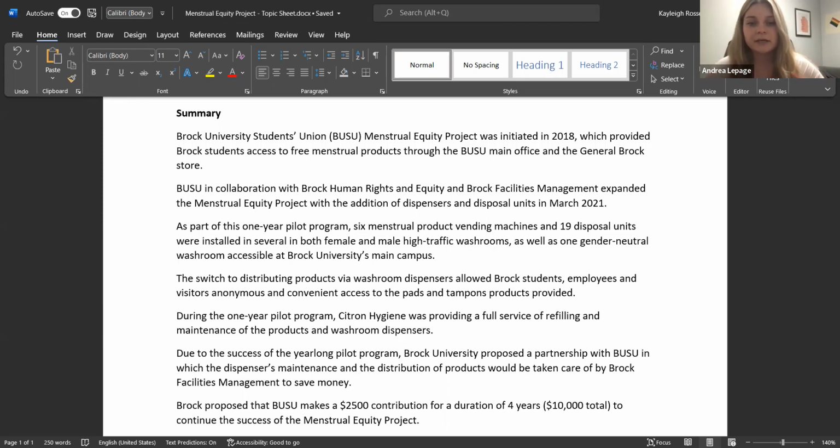They were providing the full service of stocking the machines and providing the products. We realized it would be more cost effective if Brock supplied, stocked and maintained the machines, because they were coming in and doing the washrooms anyways.